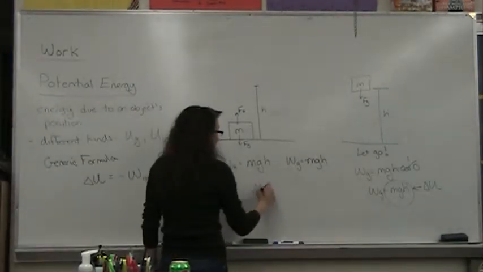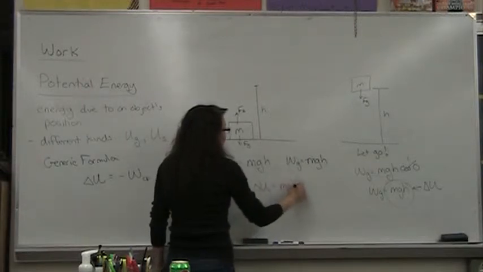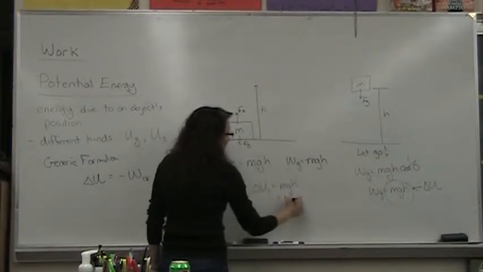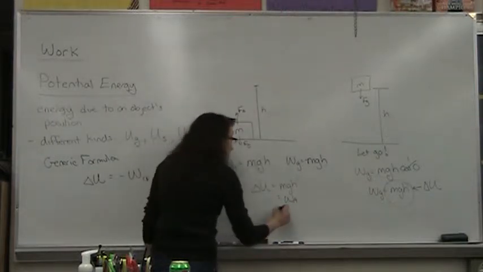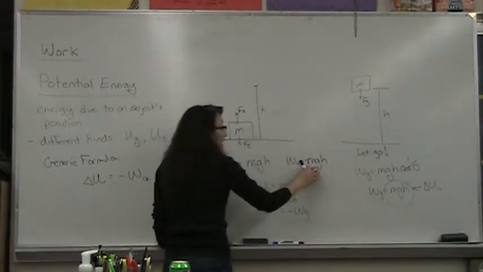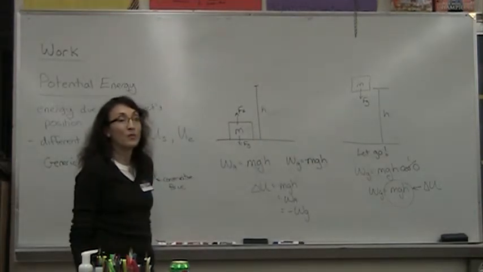So in this case, delta U equals mgh, which happens to equal W_A, the work done by the applied force when I moved it, which happens to equal the negative of the work done by gravity when I moved it.